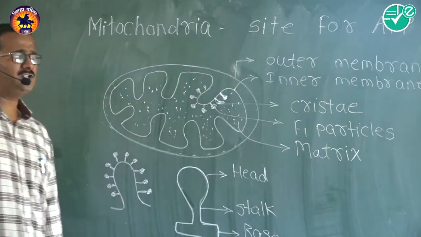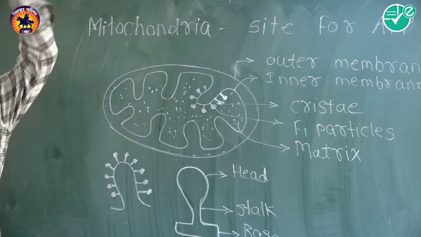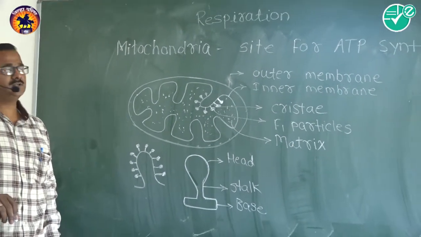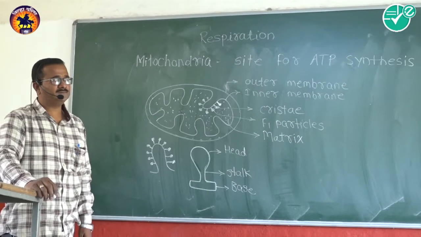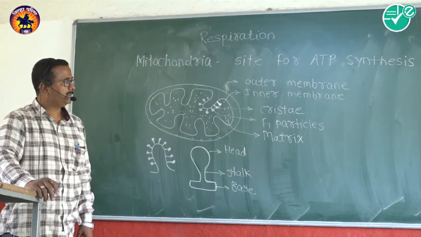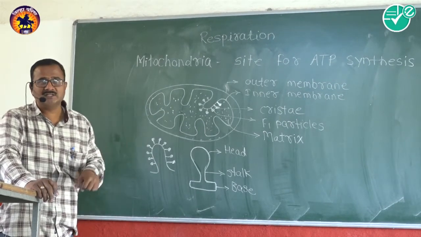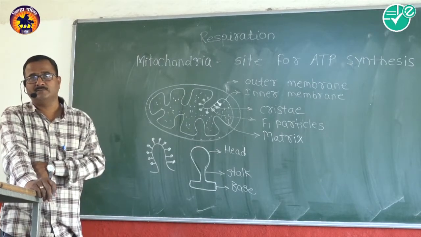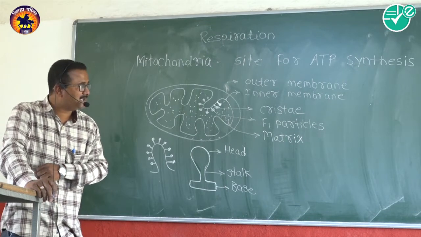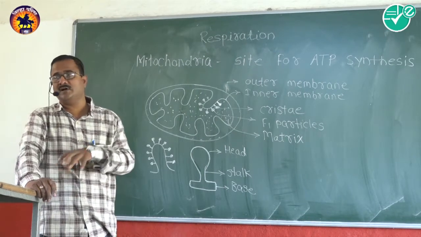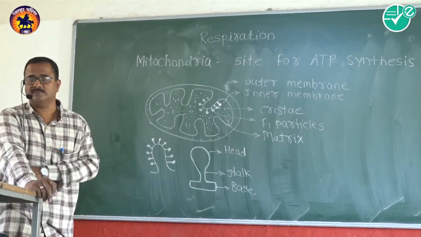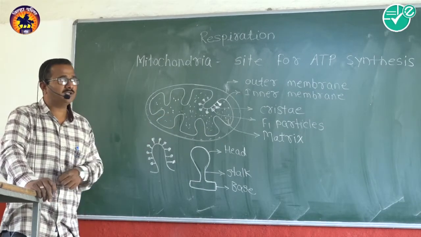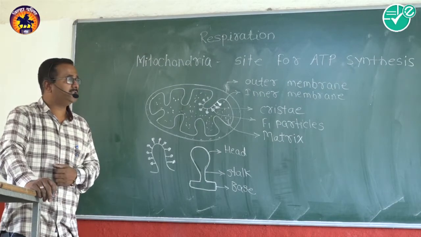This matrix also contains the various enzymes necessary for glycolysis, the various enzymes necessary for the Krebs cycle, and the various enzymes for the production of different substances during respiration. So the matrix is also an important structure and plays an important role in the process.